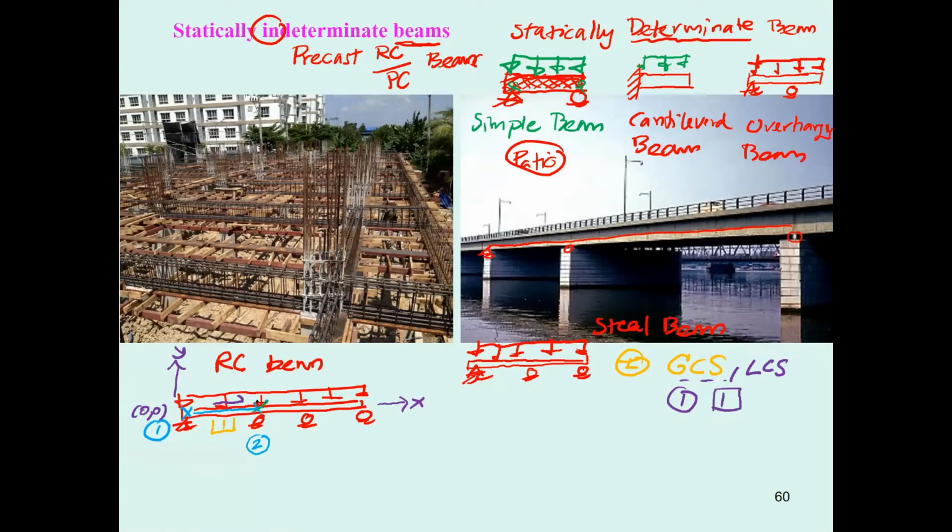You mark this one as node number 2, move your mouse, and release over here. You're going to know it as node number 3. If you move this one for 4 meters, this one will be 4, 0. This one will be 8, 0. And this is going to be member number 2.